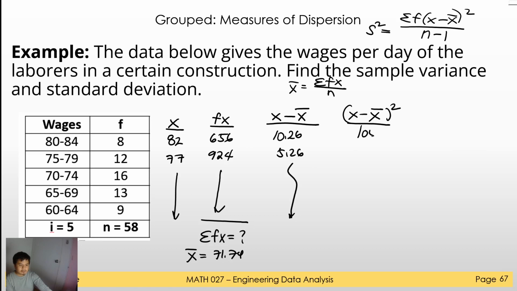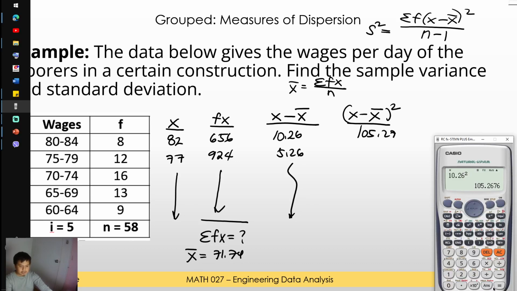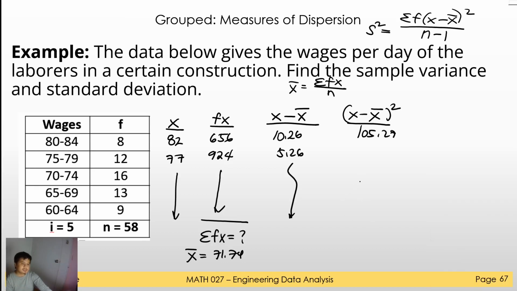105.27, and then we have 5.26 squared, so this will be 27.67, and so on. And then we want to find the frequency times this, the frequency times the square of the difference between the class mark and the mean.